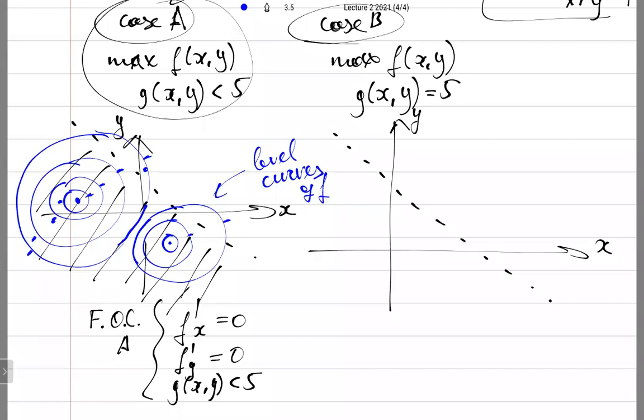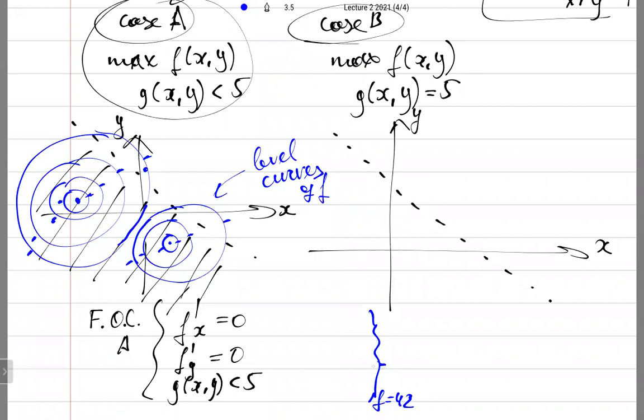When I draw a level curve and add a small tick, that means this line has the equation f equal to, I don't know, 42.